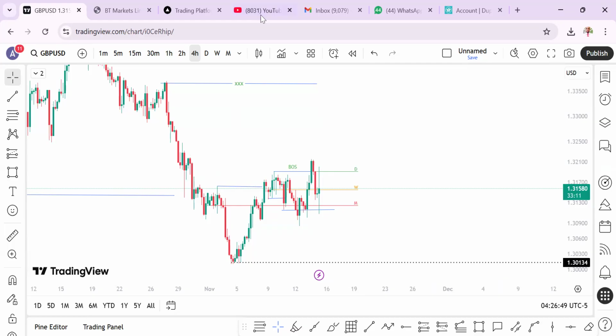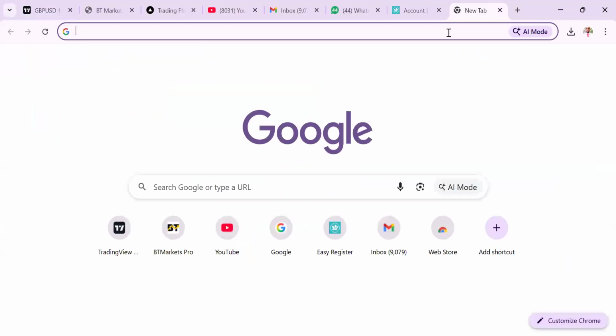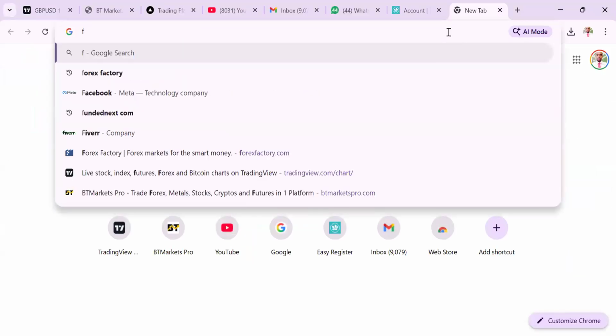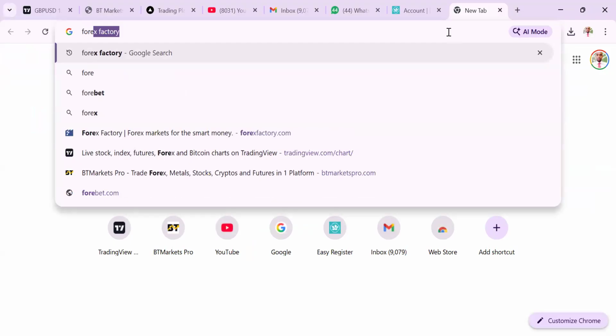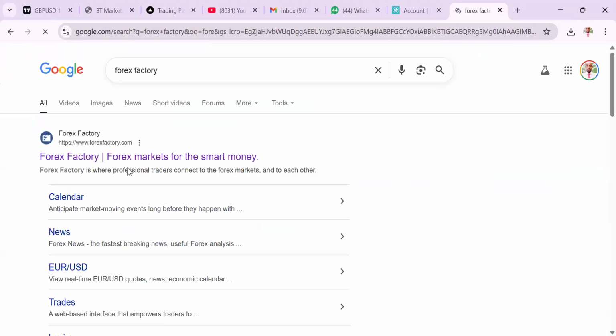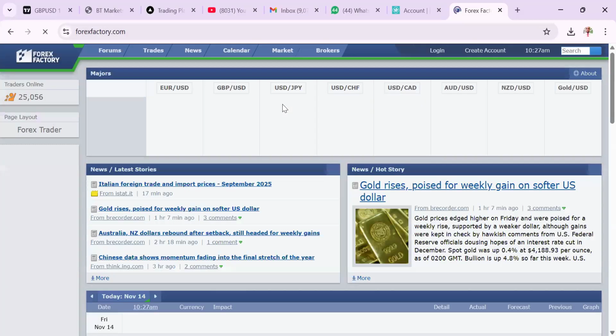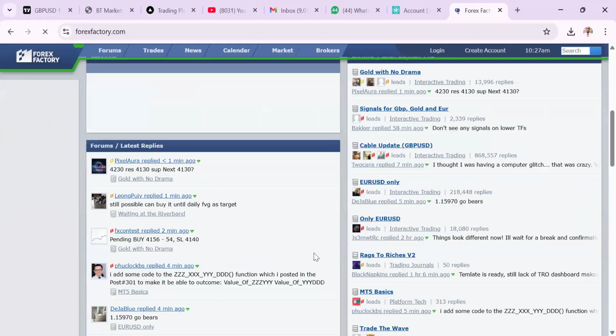So let's check the economic calendar if there are news that we need to take caution for. Let's see, Forex Factory.